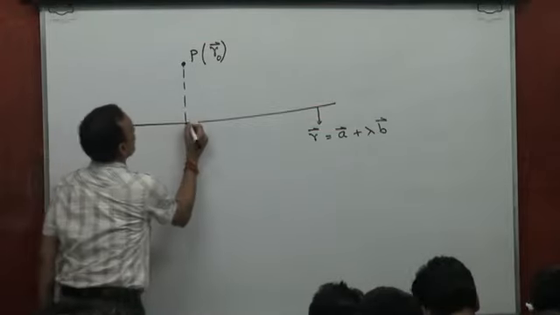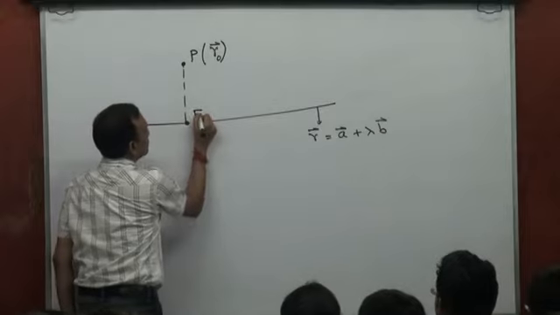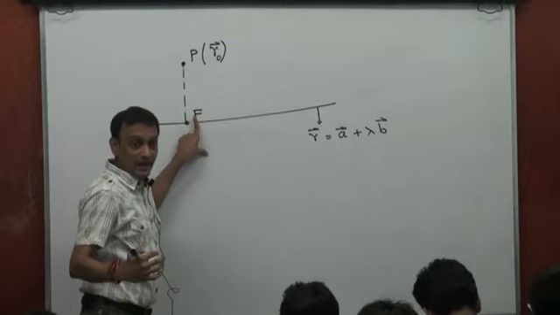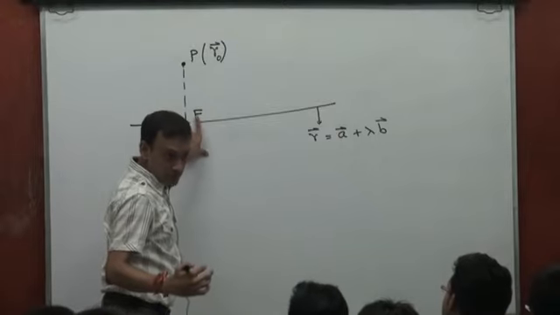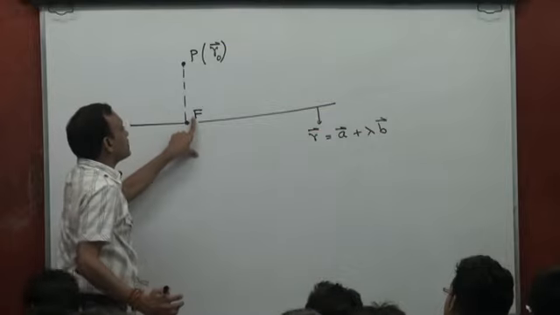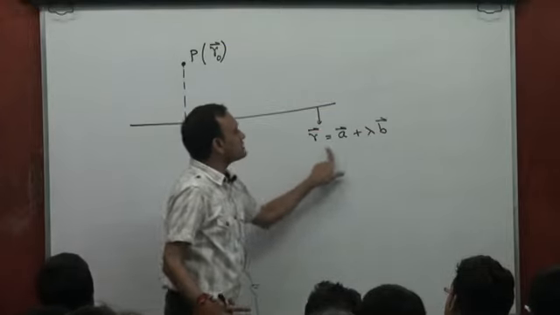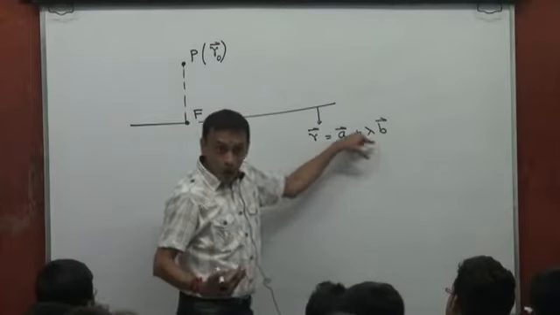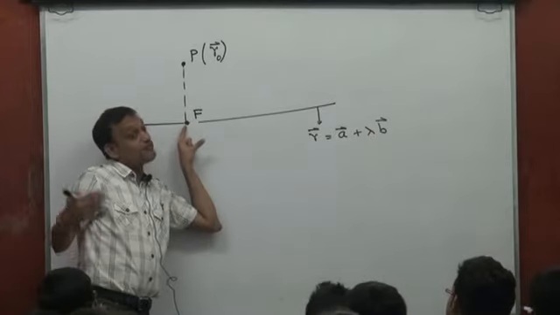And you want to be able to find the foot of the perpendicular from the point P onto the line. That means you want to find the position vector of F. Now, the position vector of F, R, must satisfy this equation for some lambda equal to lambda naught.